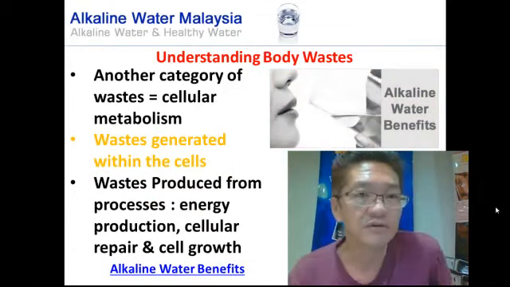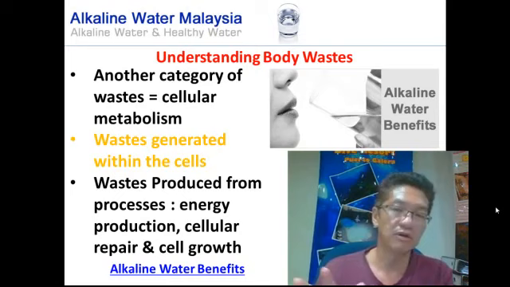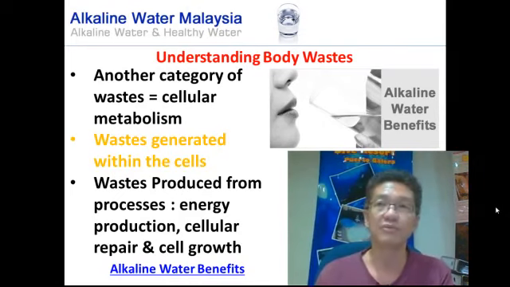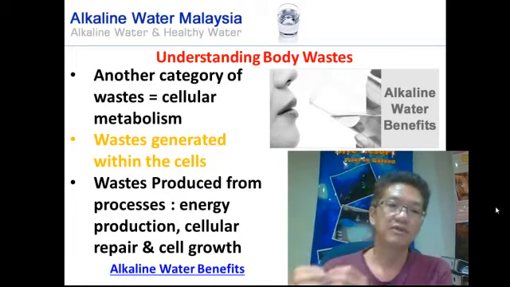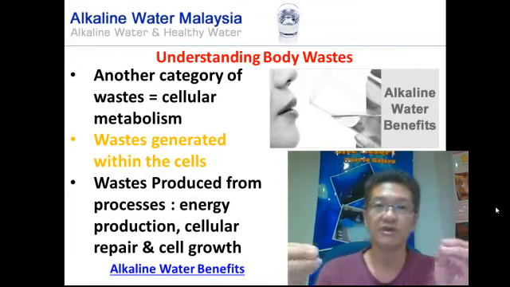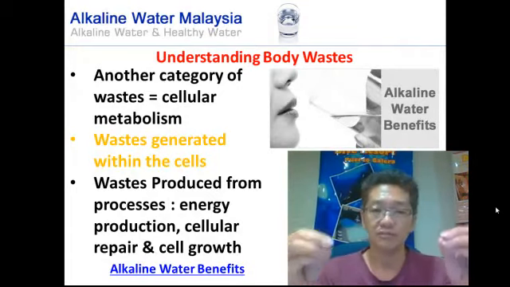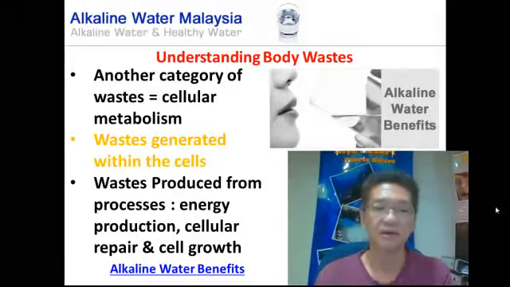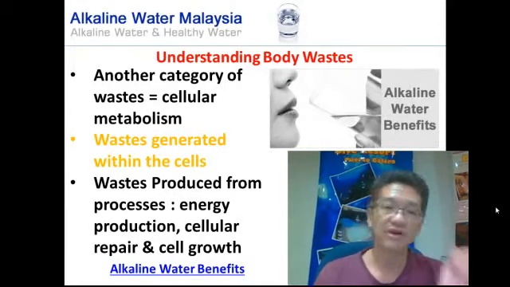But in this video, especially in relation to alkaline water benefits, we are talking about another category of waste, which we call waste generated through cellular metabolism. In other words, these wastes are generated inside the cell, and these wastes still need to be removed from the body. How do these wastes come about?